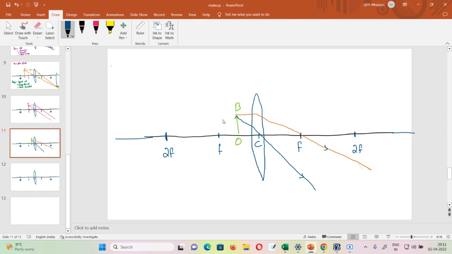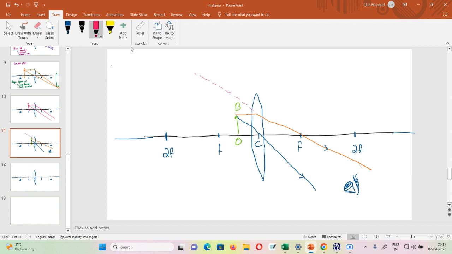So what will be the conclusion? These rays are never going to touch each other. But since these rays are diverging in nature, if you are looking from this side, we will feel that the rays are coming from some virtual point. Since our eyes detect both the rays, we will think that they are coming from the point where they originated.